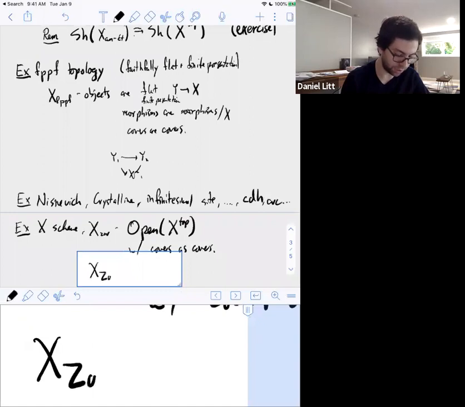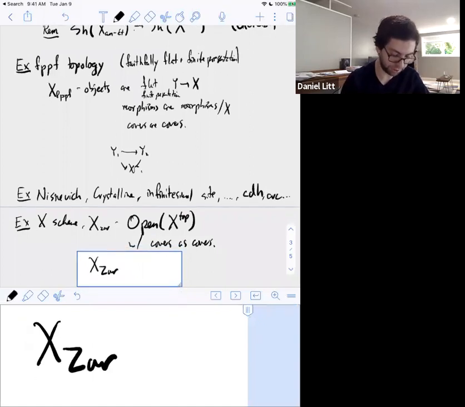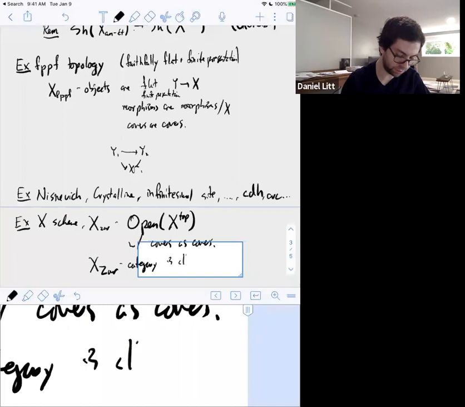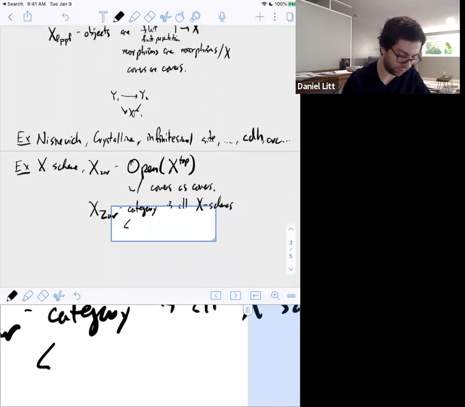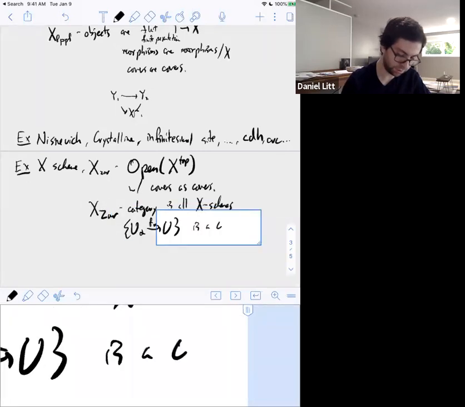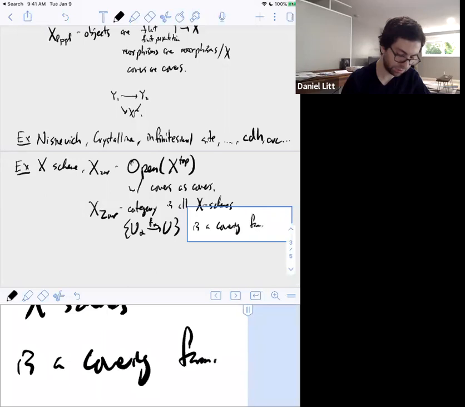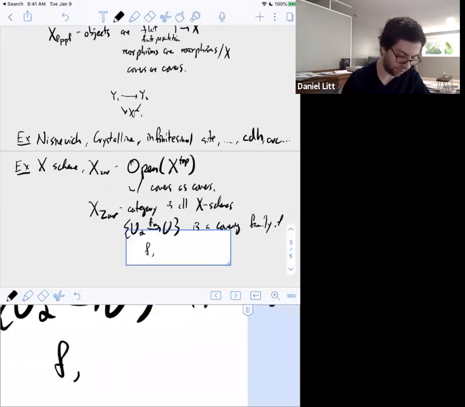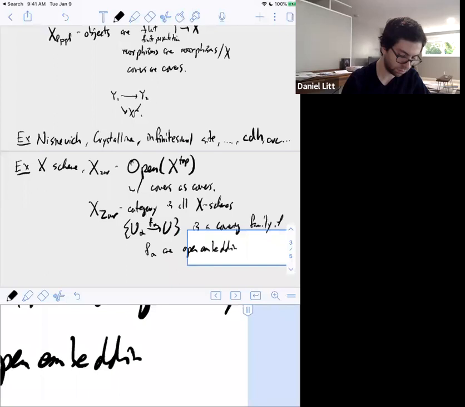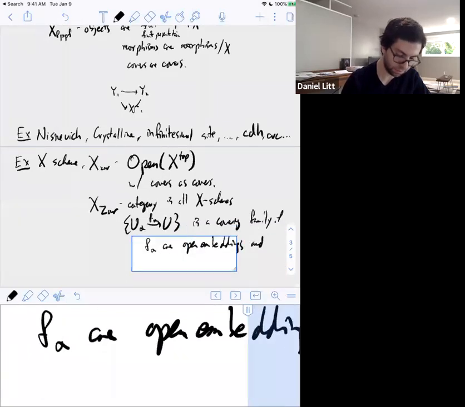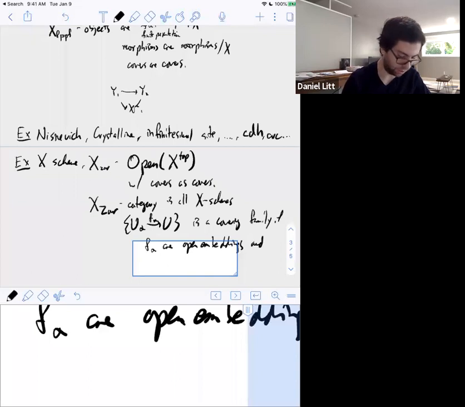There's also something called the big Zariski topology, so I'm using a capital Z. Now the category is all X-schemes, and we say that U_alpha to U, f_alpha, is a covering family if the f_alpha are Zariski open embeddings, and the usual thing, the union of the images of the f_alpha is equal to U.